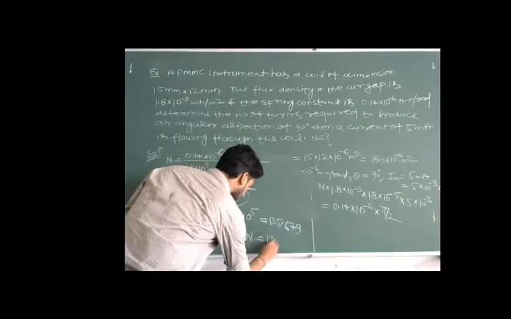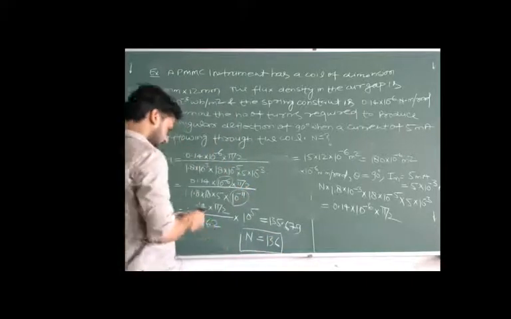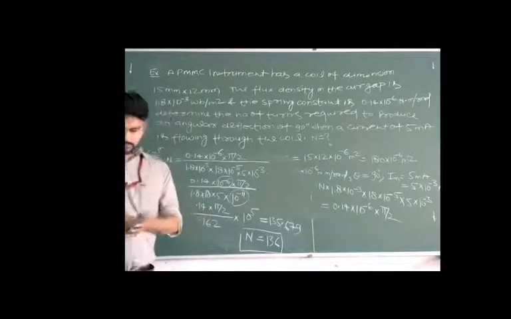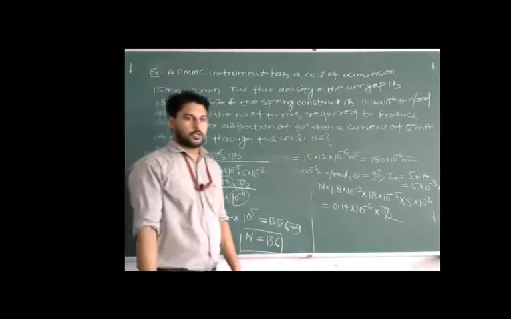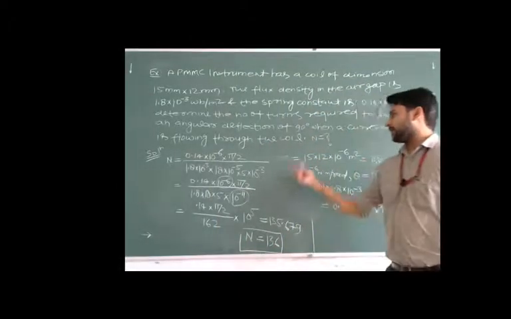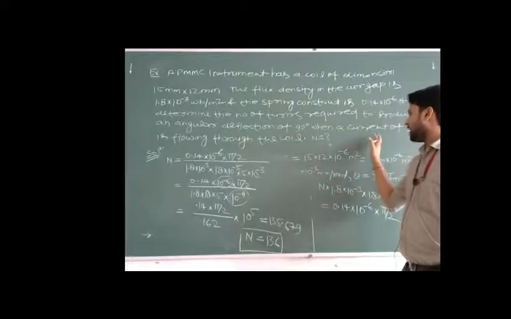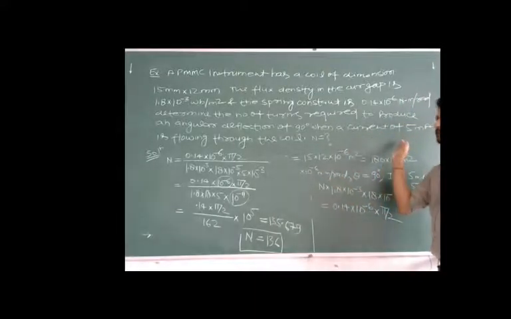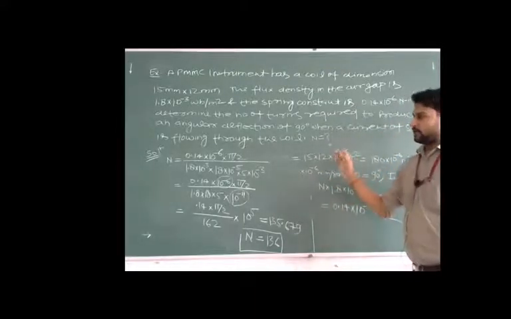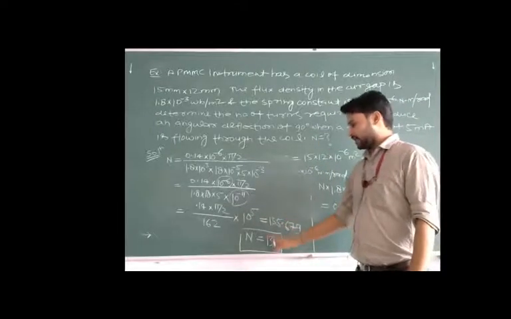So N is 136 turns. So to produce a deflection of 90 degree when a current of 5 milliampere is flowing through the coil, it would require 136 turns.